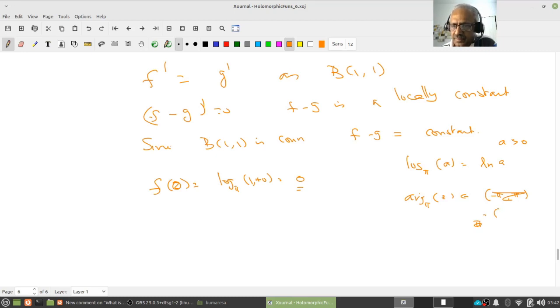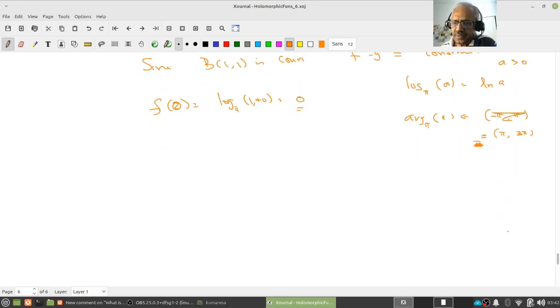Sorry, pi to 3 pi, right? Yeah. Therefore it will have 2 pi. Therefore argument of a will be, theta alpha of a will be 2 pi. Yes. Therefore log pi of a will be ln of mod a plus i times theta alpha of a, which is 2 pi.